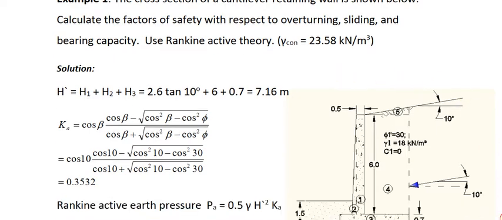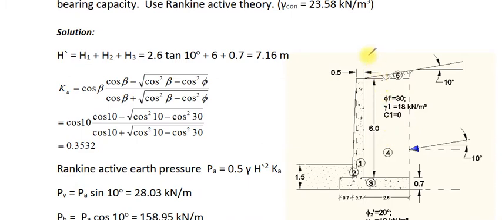In this example, the retaining wall is shown here. The type of the retaining wall is cantilever retaining wall, and we want to check the stability against overturning, sliding, and also the factor of safety with respect to the bearing capacity.